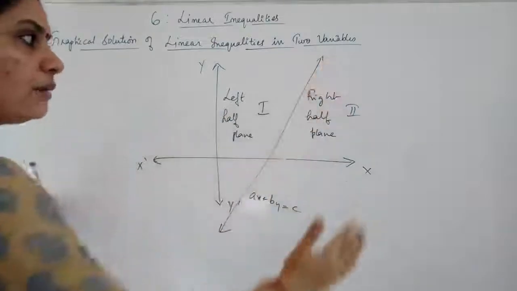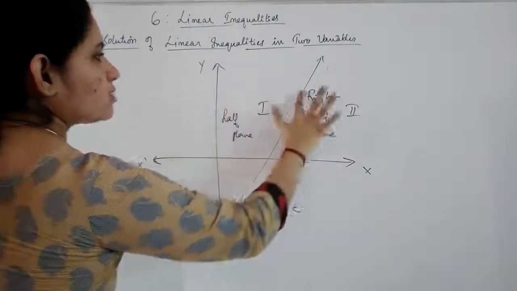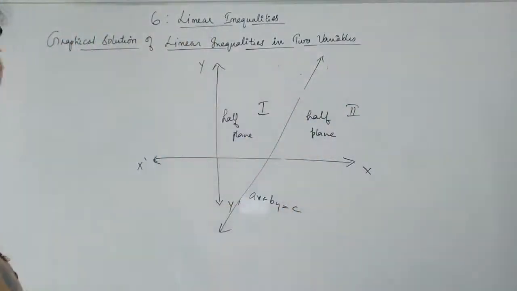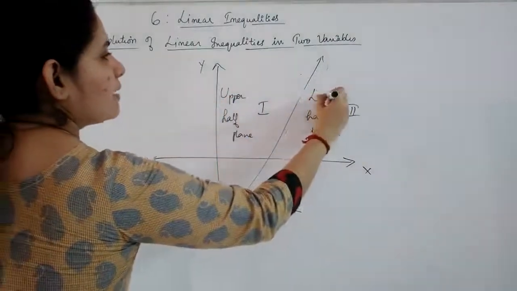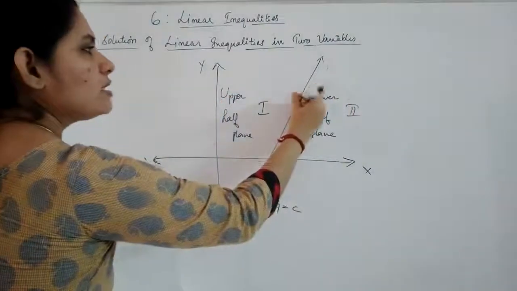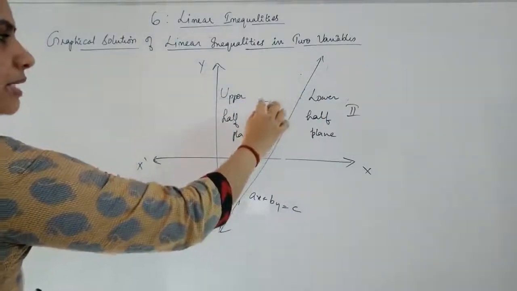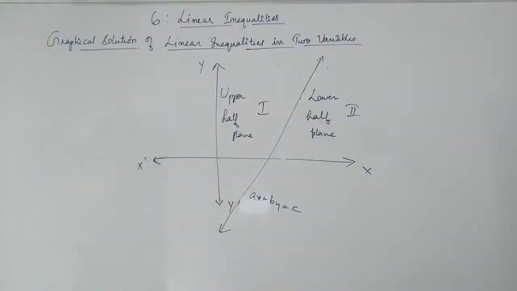That is, the total plane is divided into two half planes, but that is no more left and right. You can just say upper part and lower part, both are half planes, but we will just mention them as upper half plane and lower half plane, or the easiest method is first and second. If you describe this is first one, this is second one, you can say first half plane, second half plane, like that also.